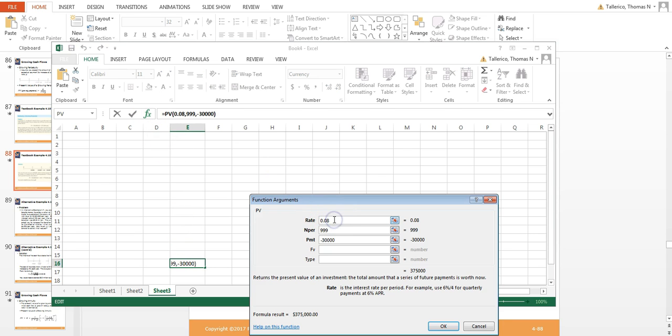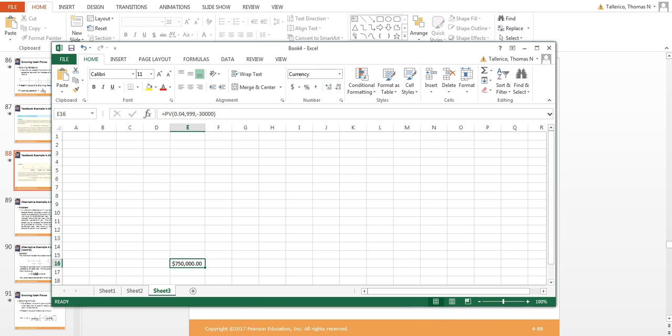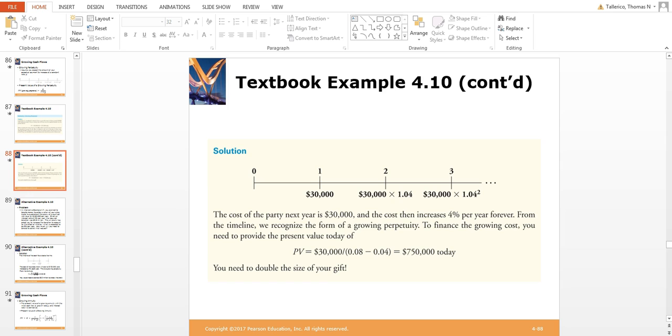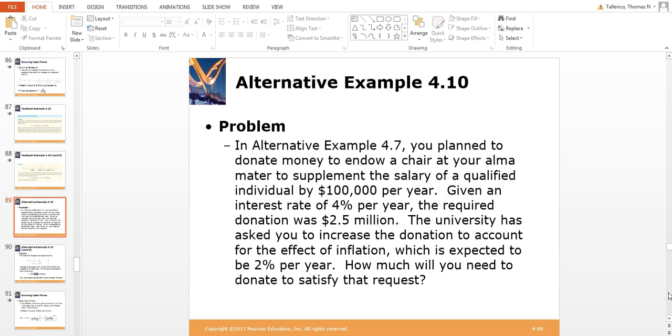Just change that to 4, right? 8 minus 4 is 4, and you'll notice it comes out to $750,000, just like they get over here, $750,000. So I'm just using Excel to trick Excel, and you can get that answer if you don't want to do the simple math.